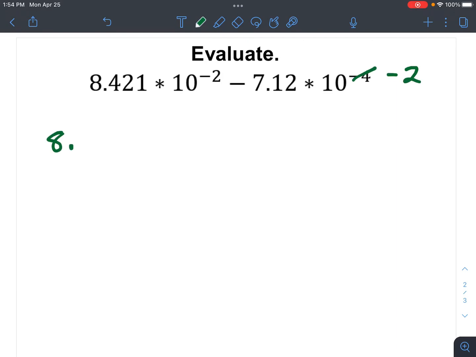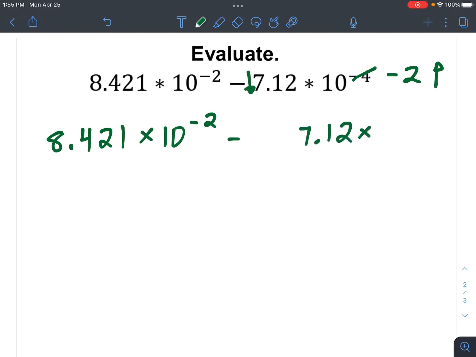We're going to have 8.421 times 10 to the -2nd minus, let's leave ourselves some space again. This number increased, so that number is going to decrease, so let's leave some space in front. 7.12 times 10 to the -2.